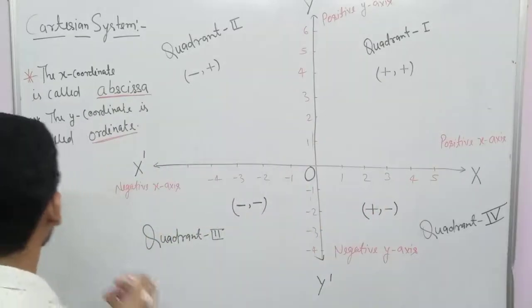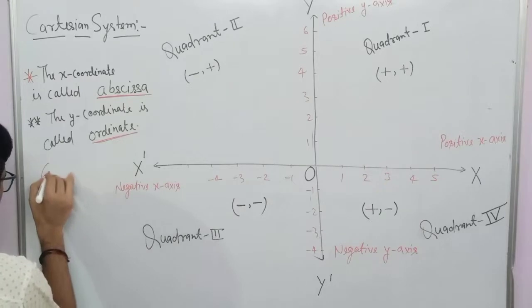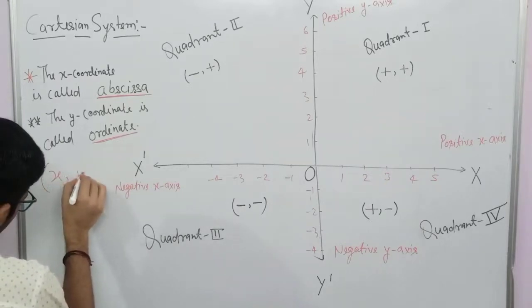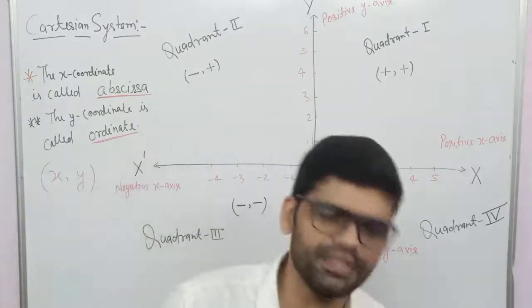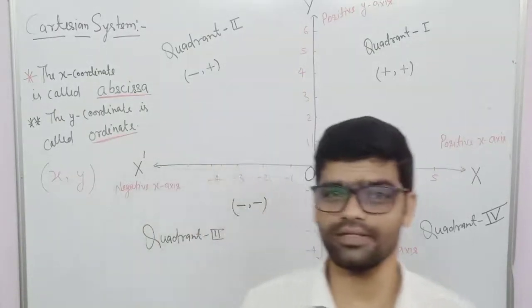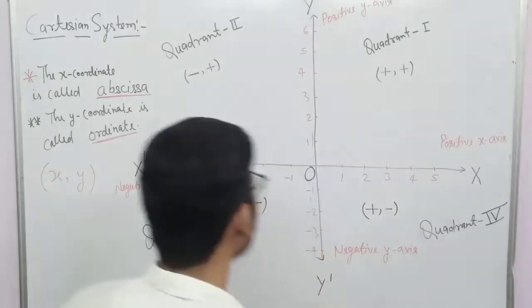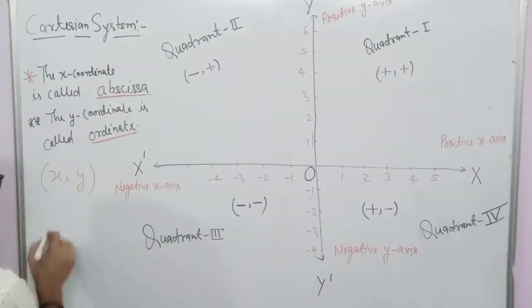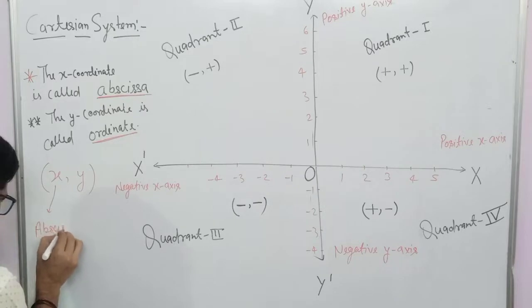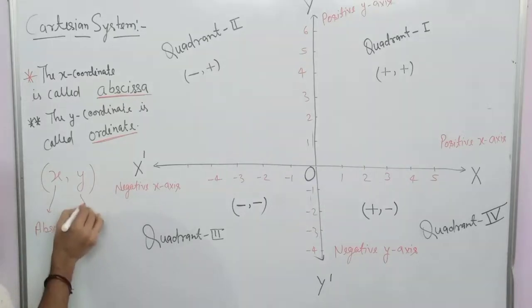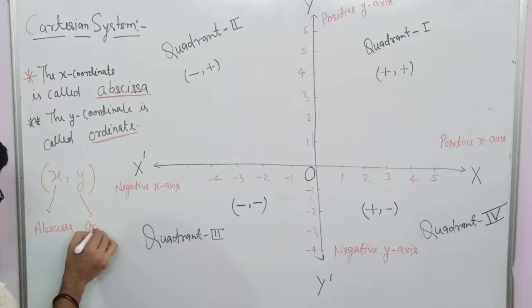So you can write it like x, y. If you read according to the figure, if you draw the figure, it is generated in your mind and you can remember it easily. So x is abscissa, y is ordinate.